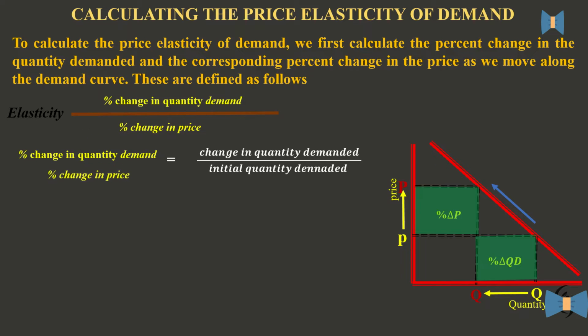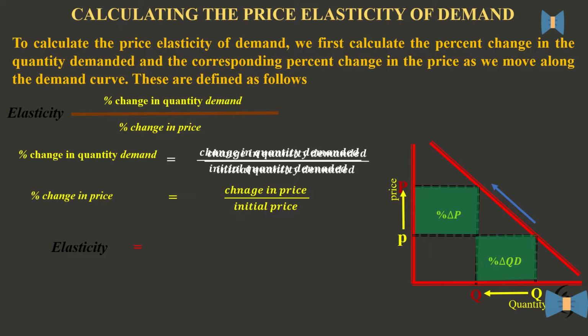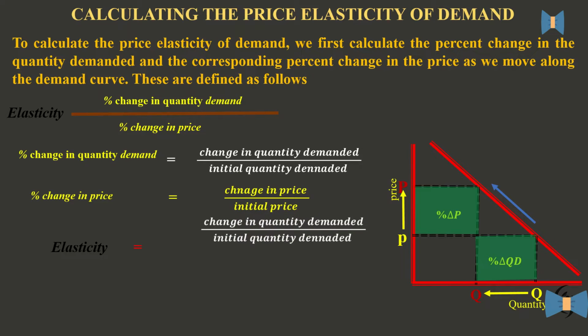The percentage change in price we can rewrite as the change in price divided by the initial price. So elasticity is equal to the change in quantity demanded divided by the initial quantity demanded, divided by the change in price divided by the initial price.